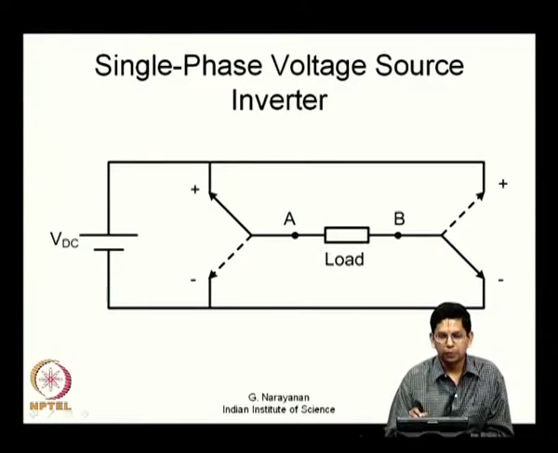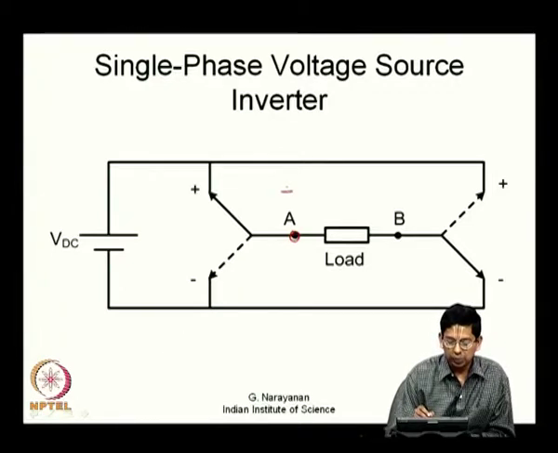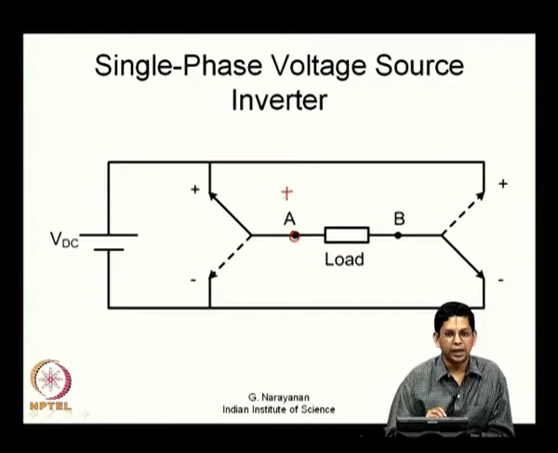So, across this load, you want to apply either plus V or minus V or 0. One simple way to do that is to have a single pole double throw switch like this, where the pole is connected to A and the two throws are connected across plus and minus. So, A can be either positive or negative.